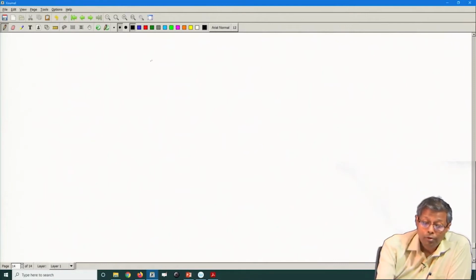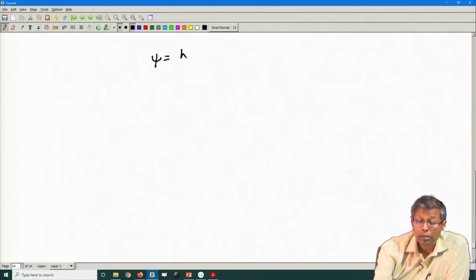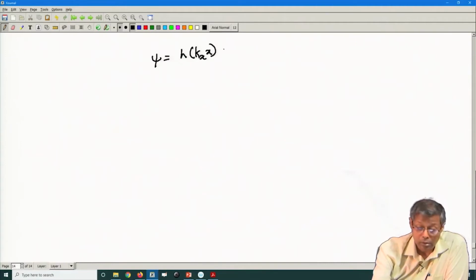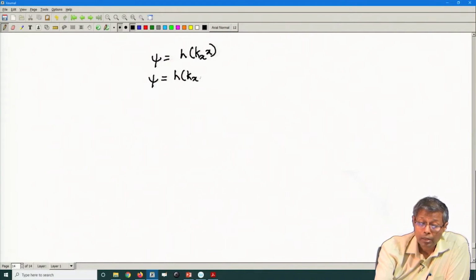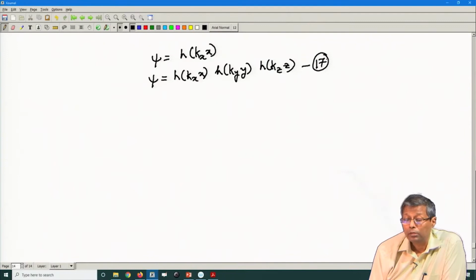Now, from this we can write down the form of the potential function psi as psi is equal to e to the power of minus j kx x, minus j ky y and minus j kz z, which should be equation 17.